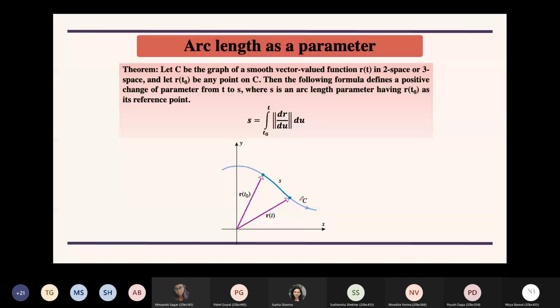How do we decide that? Orientation of a curve. Triangle law of a vector. Okay, how does the triangle law tell us the direction of orientation of the curve C?